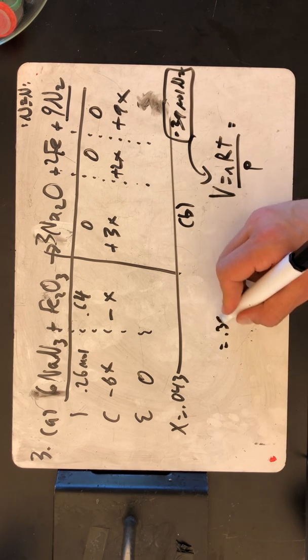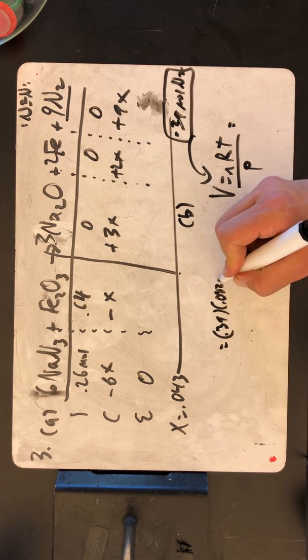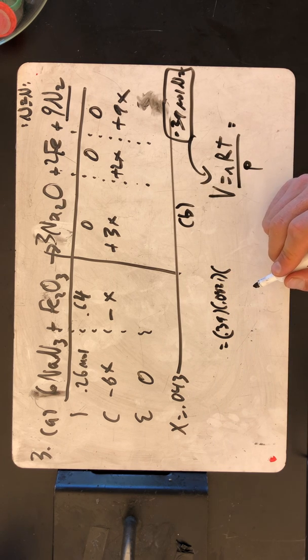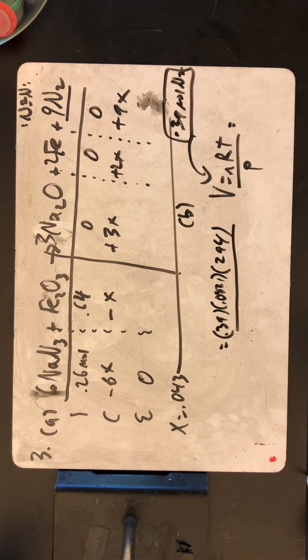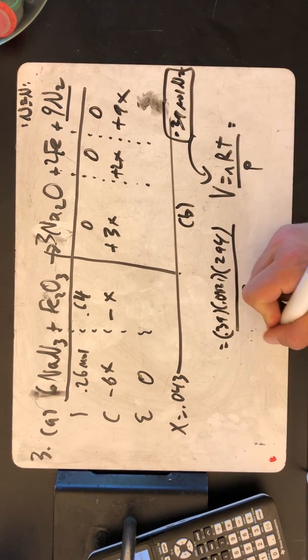We know that we have 0.39, 0.0821. The temperature that they gave us was 21, so 273 plus 21 is 294, divided by P, 0.9. So 0.39 times 0.0821 times 294, divided by 0.9, equals 10 liters.